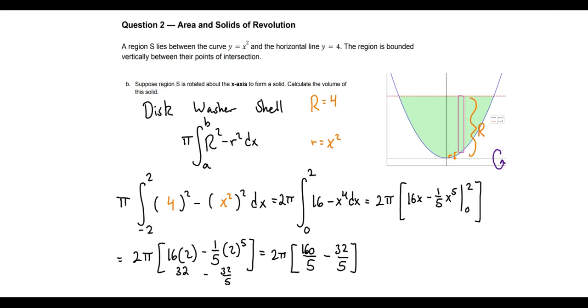So now what we need to do is 160 minus 32, which is 128 over 5. And then, of course, we have our 2 pi at the beginning, so we have to do 2 times 128, which is 256. We can just leave the pi there, and we get our final answer right here.